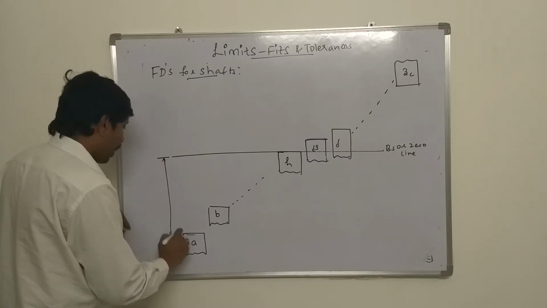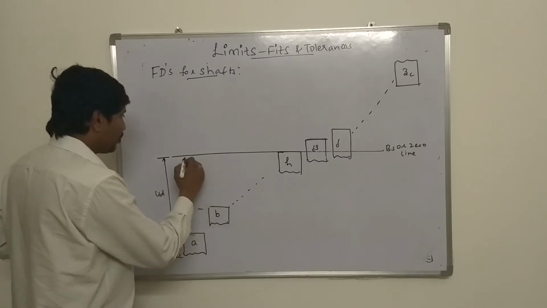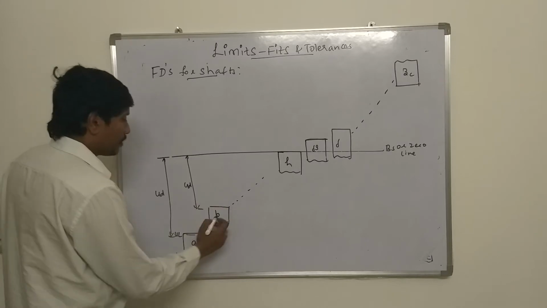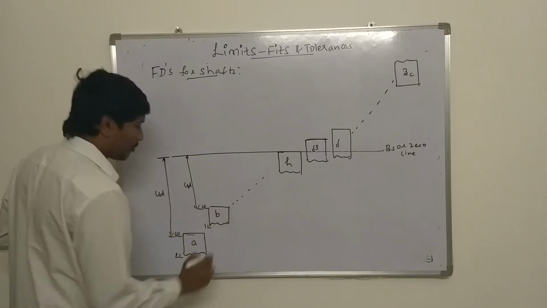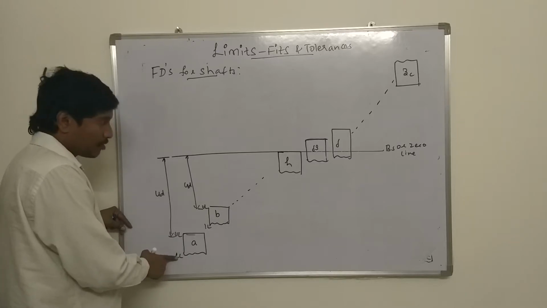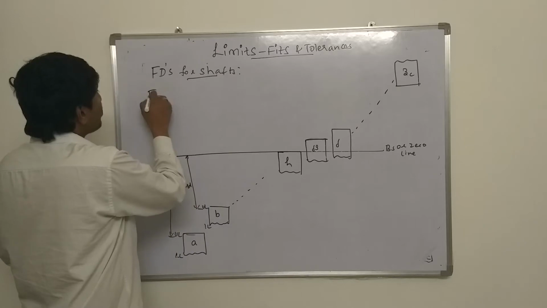This corresponds to the upper deviation for the small a shaft, and this to the upper deviation for the small b shaft. So this is the upper limit, this is the lower limit, similarly for the small a shaft.